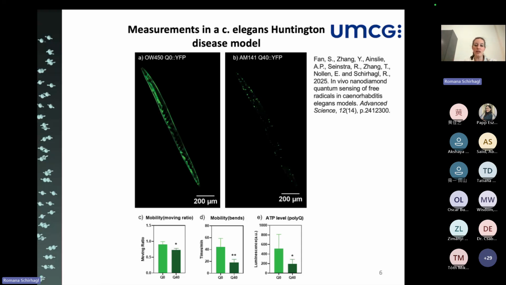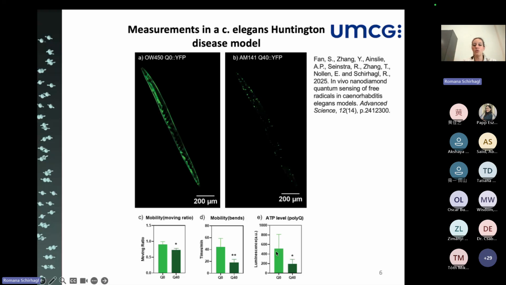If you compare the Q0 versus the Q40, you can see, for example, that the mobility reduces. Or you can also look at these worms when they swim, they have a characteristic bending, and you can quantify how much they bend. If they have reduced bending, they are not doing quite as well.